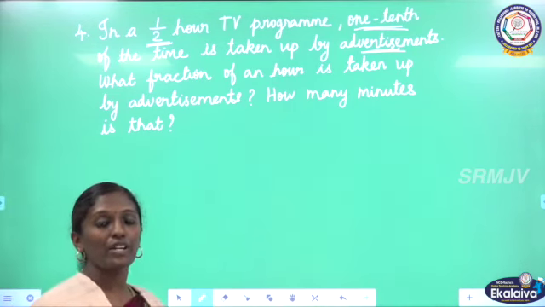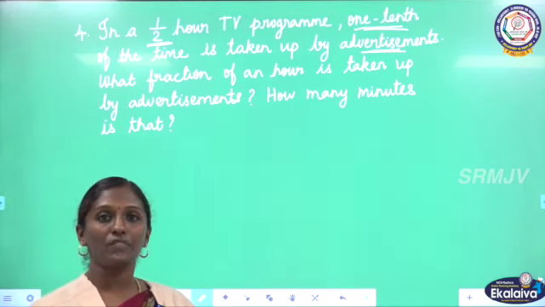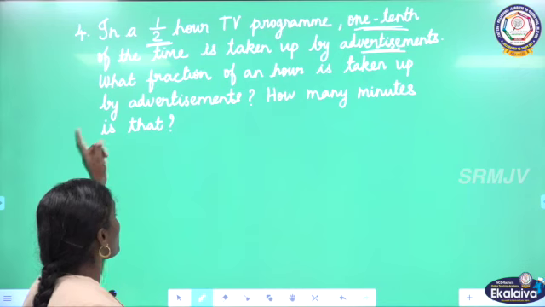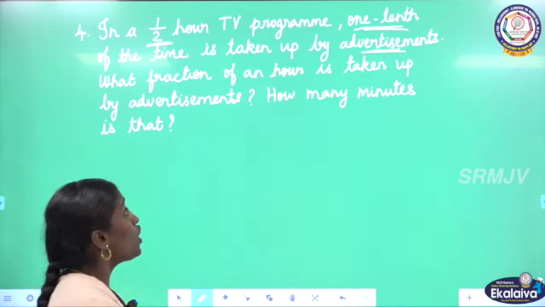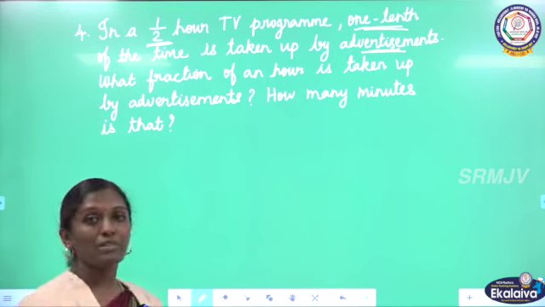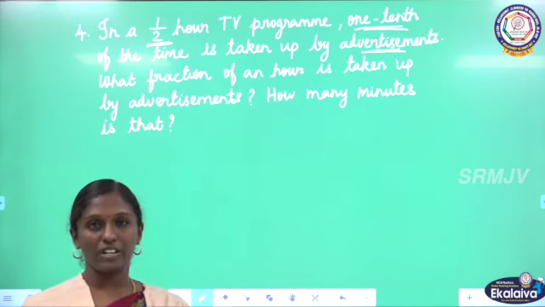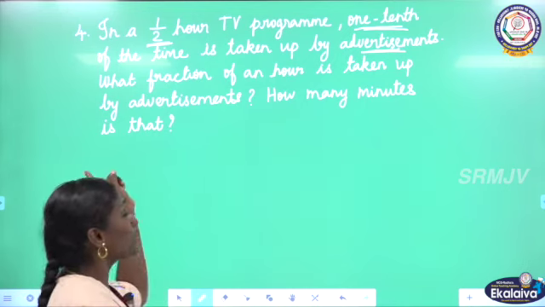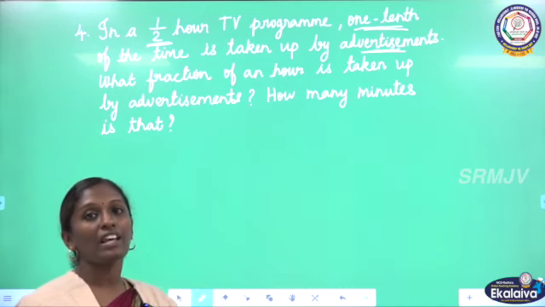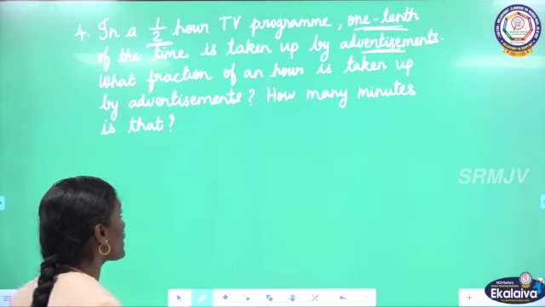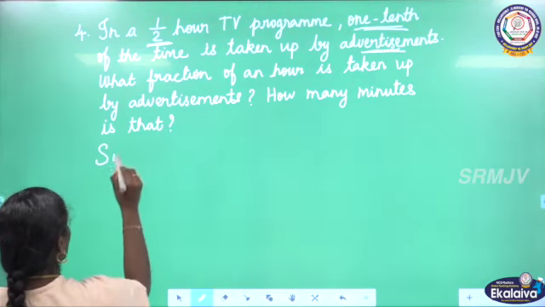Now, we are going to find out the time taken by the advertisements. The duration of the TV program is half an hour. From that, 1/10 of the time is taken up by the advertisements. Now, first we are going to find the time taken by advertisement in fraction as well as in minutes. Okay. Let us start the solution.